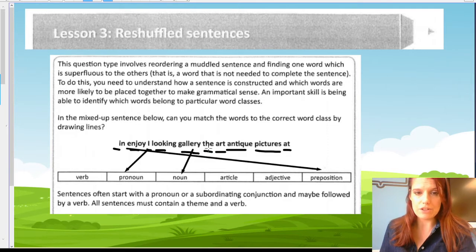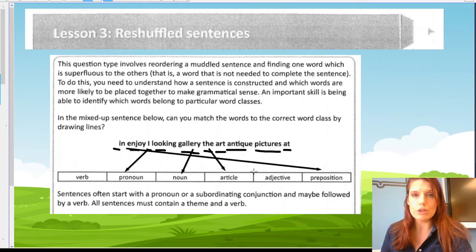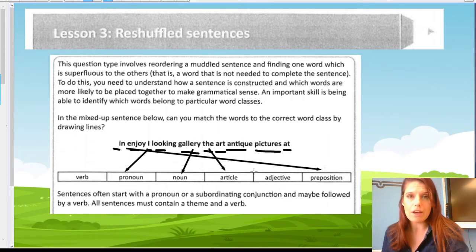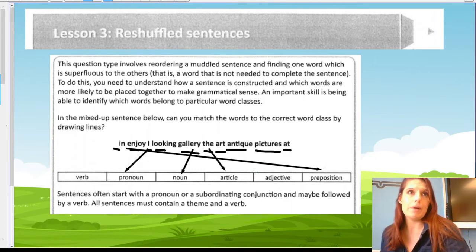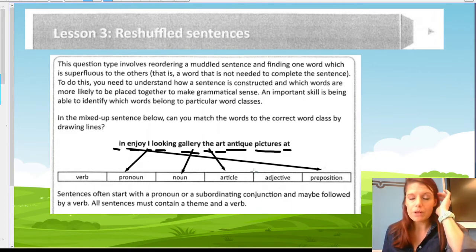Article, this is an interesting one. The. An article is also known as a determiner, and these introduce a noun. They are little words like the, a, or an. An apple, the book, a piece of paper. They are called articles or determiners. You might see them as both things.